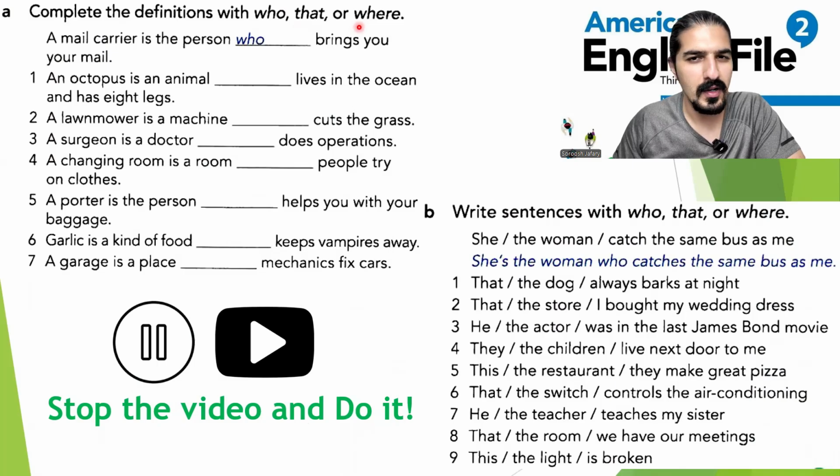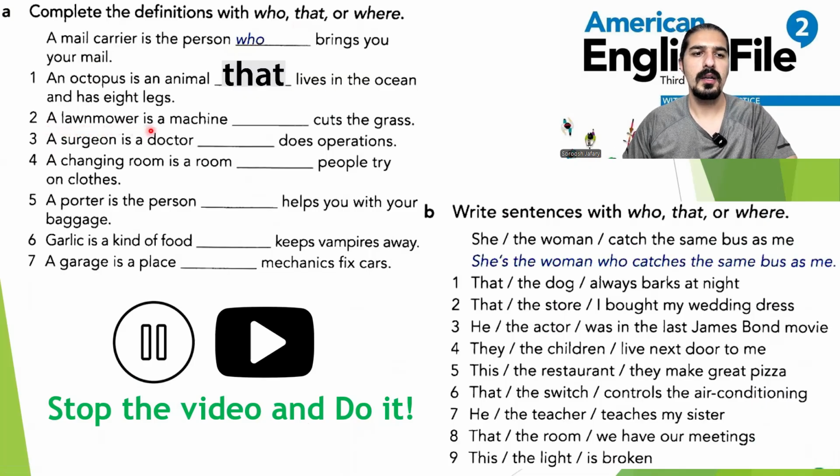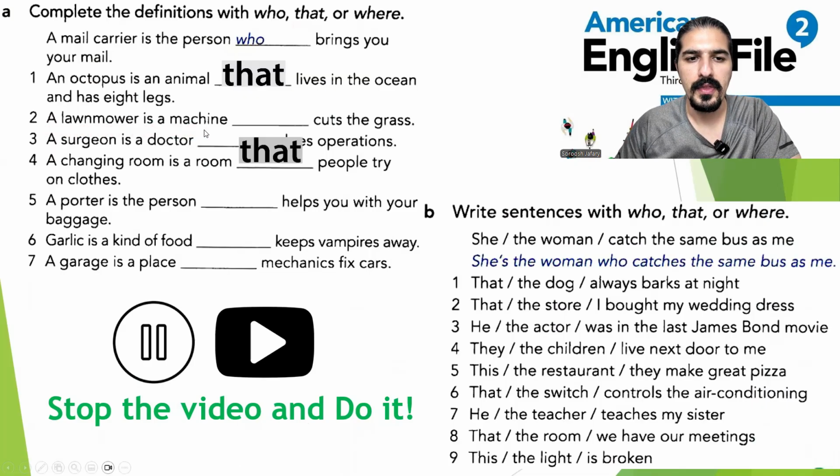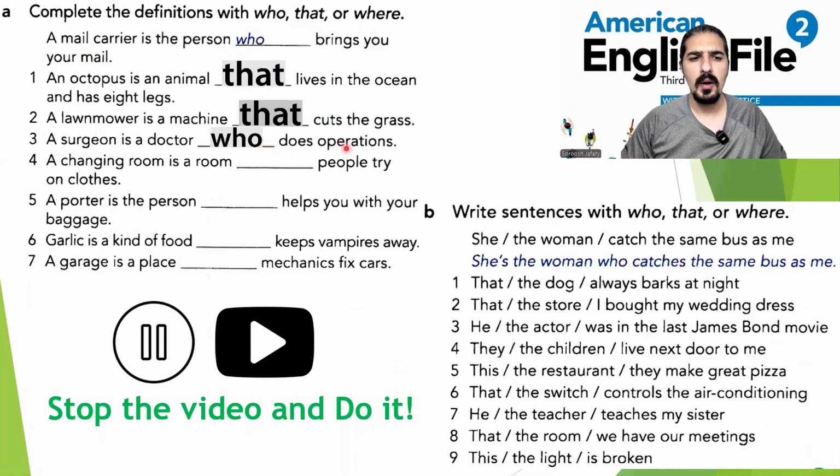Defining relative clauses. For example, a mail carrier is the person who brings you your mail. Okay, let's do it. Number one, an octopus is an animal that lives in the ocean and has 8 legs. Number two, a lawnmower is a machine that cuts the grass. A surgeon is a doctor who does operations.